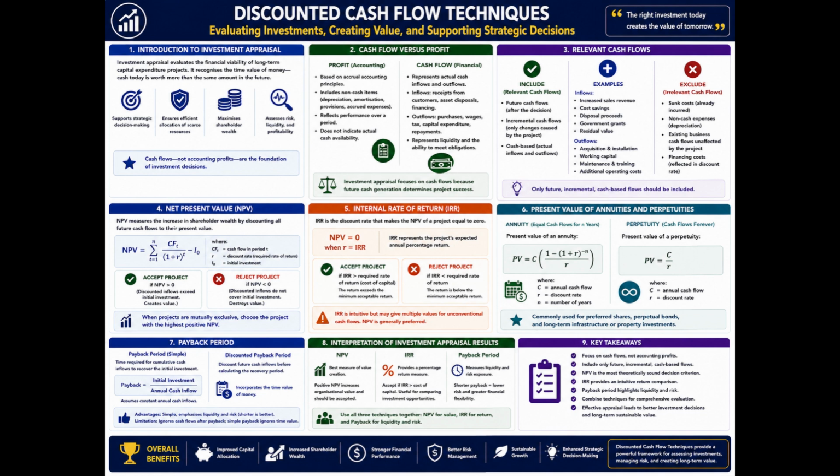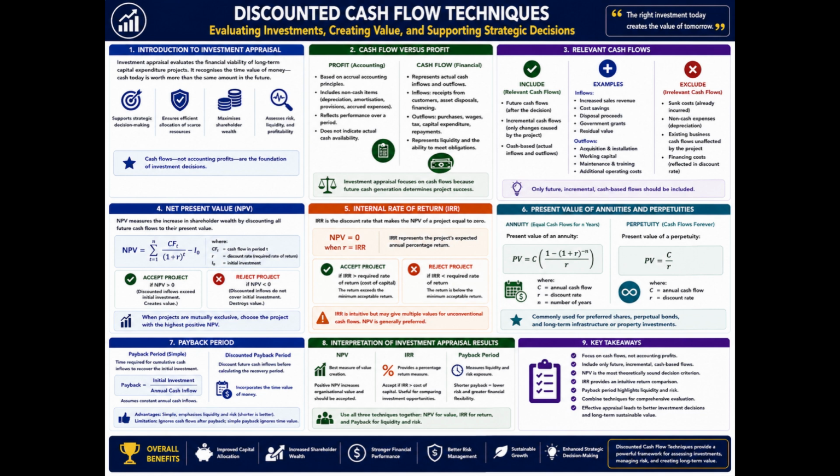The payback period measures investment liquidity and risk exposure by identifying how rapidly invested funds are recovered. Shorter payback periods generally indicate lower financial risk and greater flexibility, although profitability beyond payback is ignored. In practice, organizations frequently employ all three techniques simultaneously.